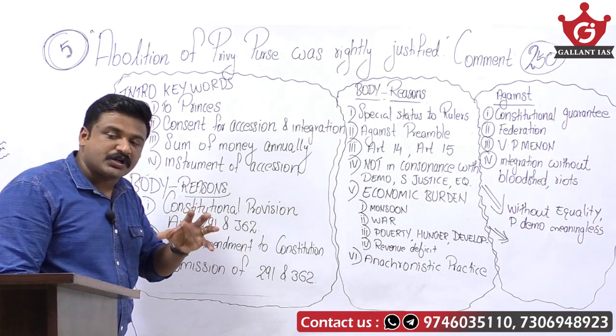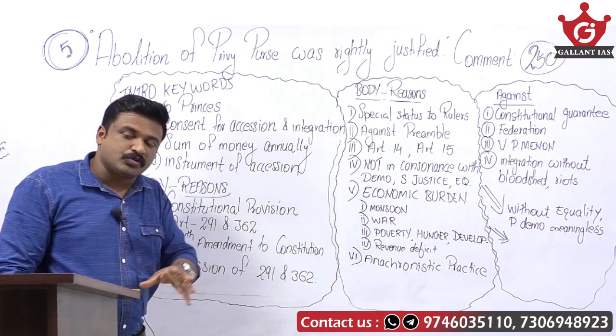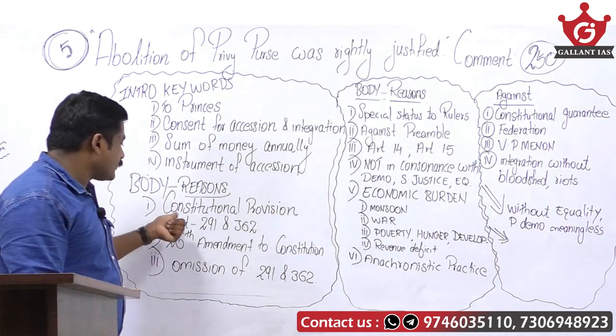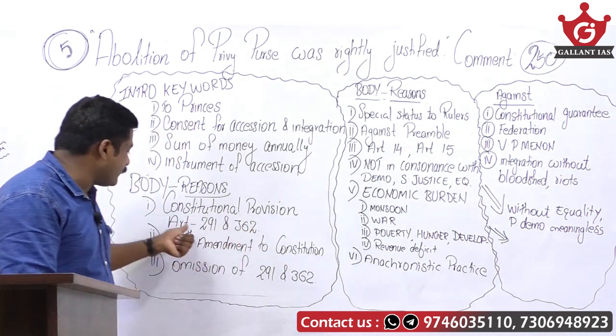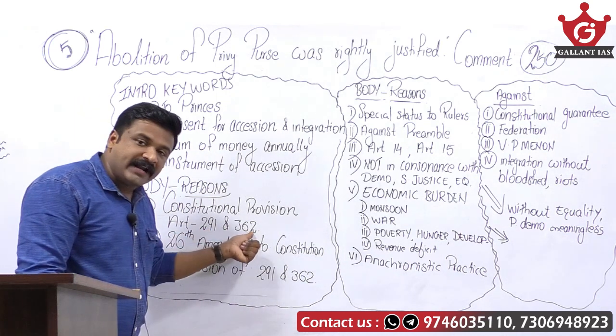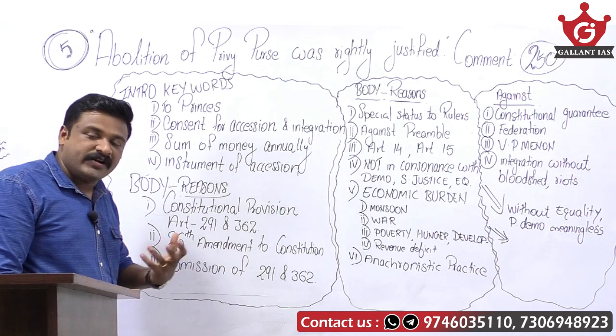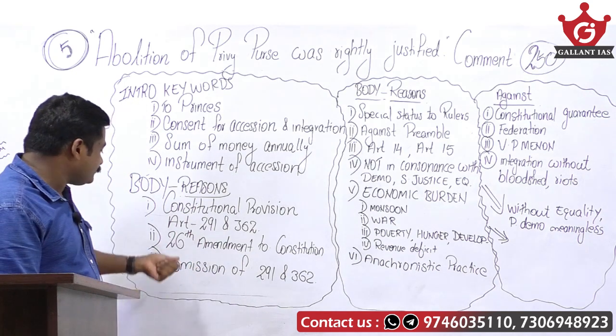Such solid factual information you have to give in the body part so that your answer will be much more impressive. So it was a constitutional guarantee already offered by the Constituent Assembly.